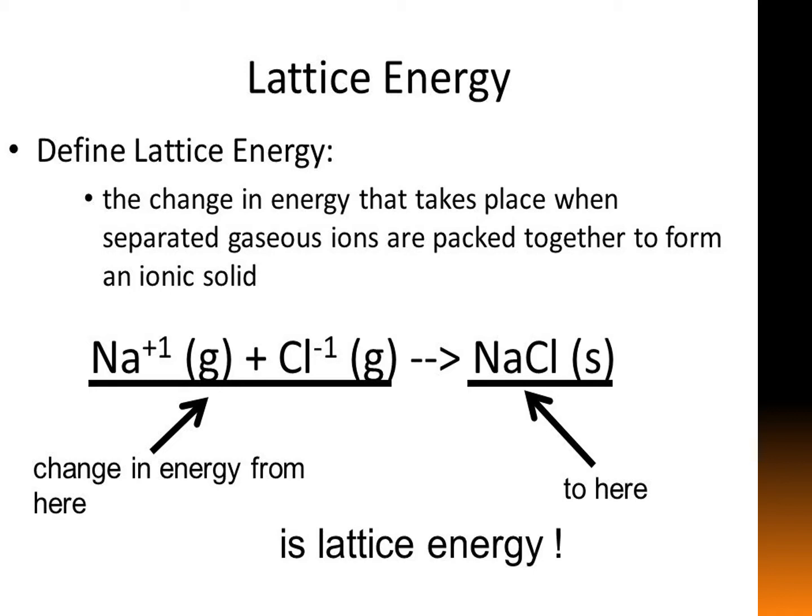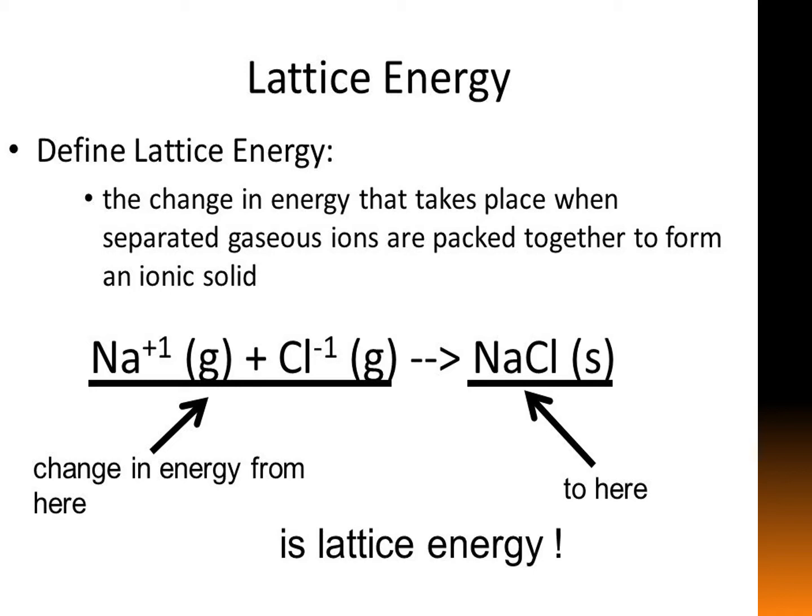எப்படி change in energy? சோடியம் கேஸ் ஃபார்ம்ல இருக்கு, குளோரின் வந்து கேஸ் ஃபார்ம்ல இருக்கு. ஆனா கன்வெர்ட் ஆனது வந்து சாலிடா மாறிடுது, NaCl சாலிடா மாறிடுது. So there is a change from one form to another form. So that is the change in energy that takes place when gaseous ions are packed together to form a solid.